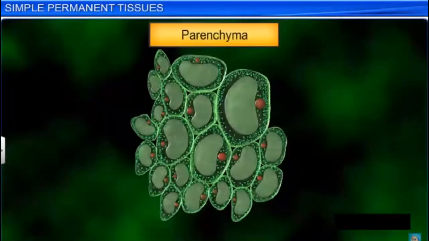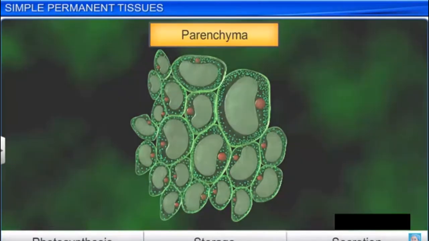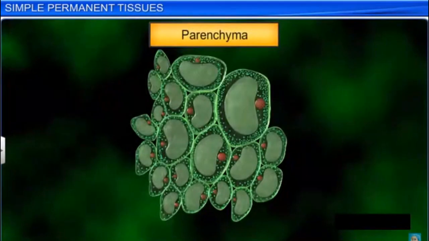Parenchyma is the most common ground tissue. It performs functions such as photosynthesis, storage, and secretion. The cells of the parenchyma have the same dimensions, the same length, width, and height, which means that they are isodiametric.